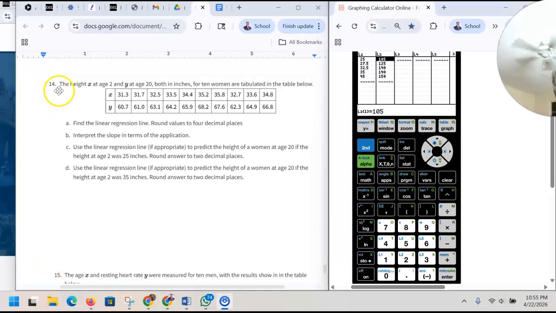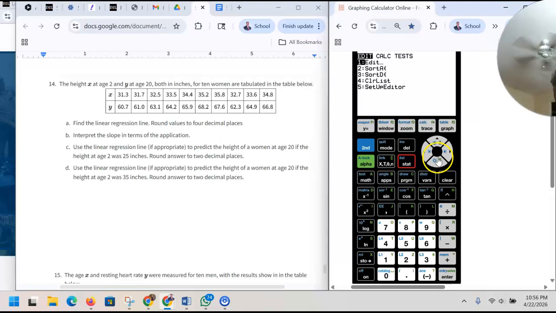Okay, this is question number 14, and let's put all these numbers in decimal and answer the question again. To those who are still confused, I'm showing you one more time. You need to clear this, so go up all the way to 4, click 4. Let me do one more time.